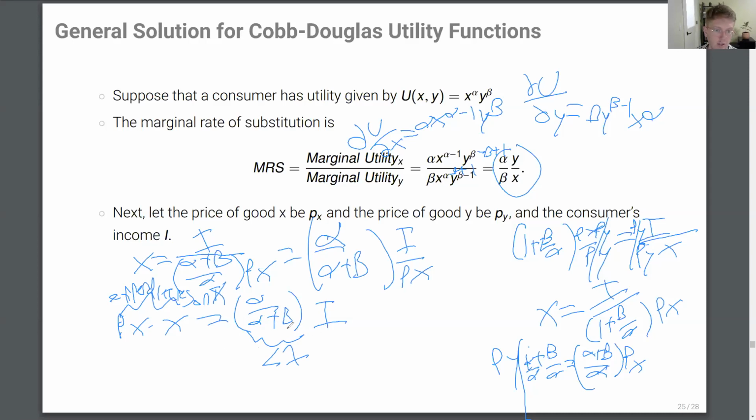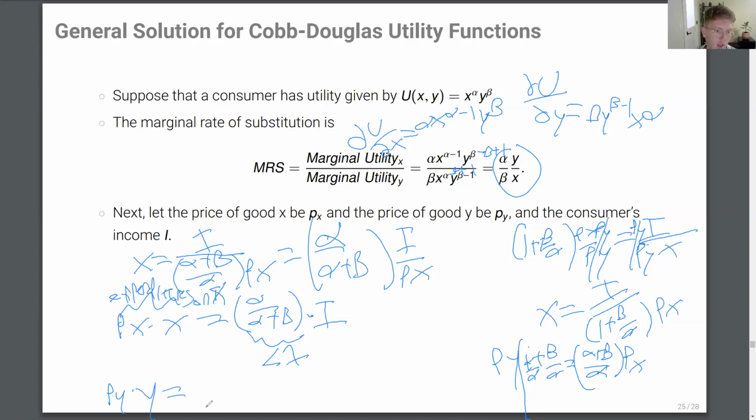So if this is expenditures and this is my income, I, then this term here is the share of expenditures that I'm going to spend on x. If this is less than 1, then we must spend the remaining share on y.